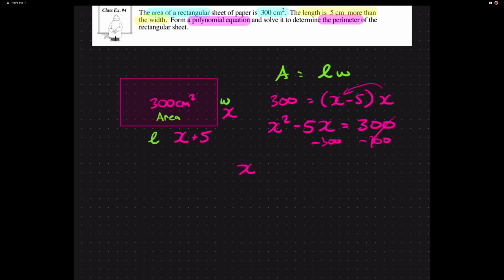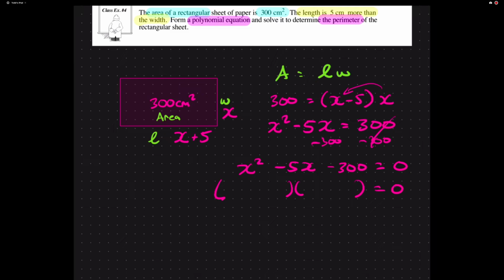So now I'm down to x squared minus 5x minus 300 equals 0. So we have a trinomial set up where the value of a is 1, and now I need to break this thing up into two binomials that are going to equal 0.